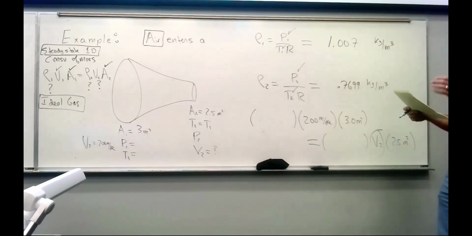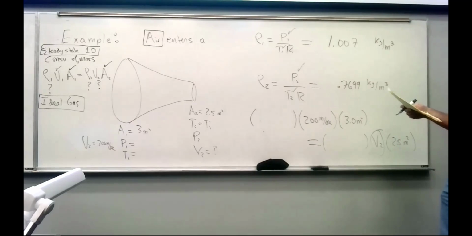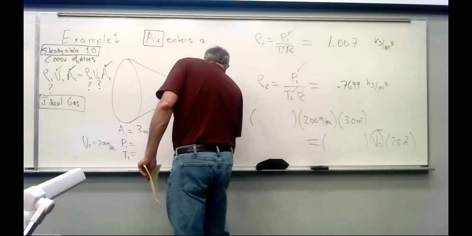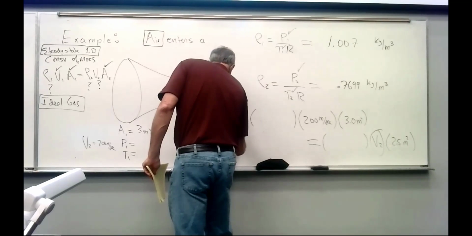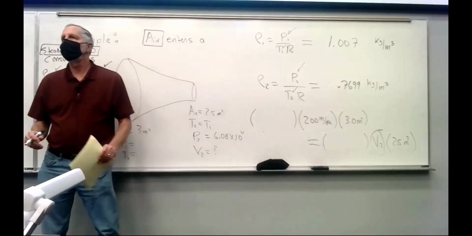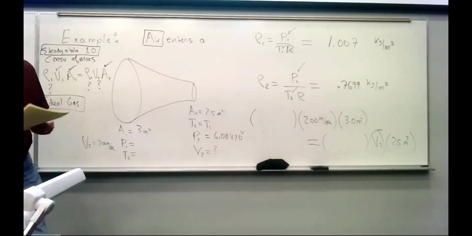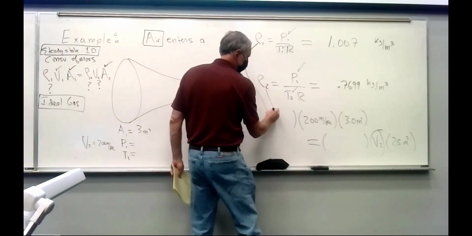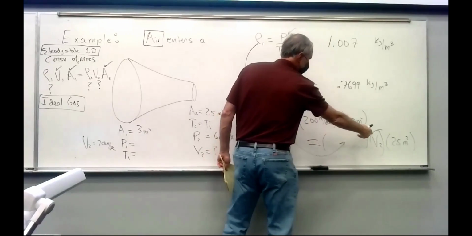P2, 6.08 times 10 to the fourth. Does everybody agree on these numbers? Are they good? All right, so then stick those in. This one goes here. This one goes here, and we solve for V2.